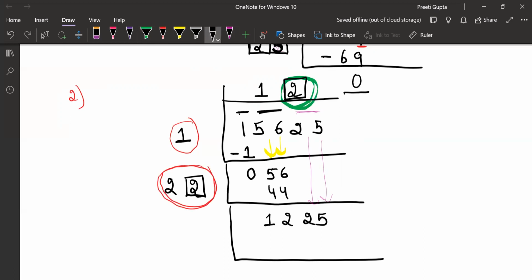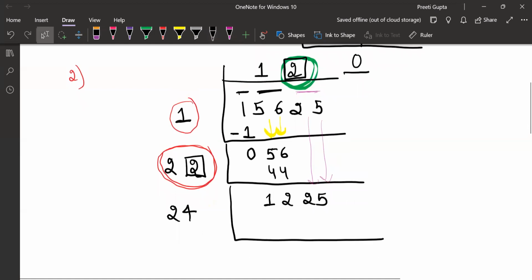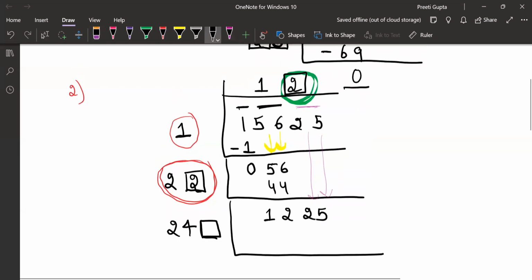So here it will be 24. 22 plus 2, that is 24. I multiplied them, my bad. Okay, so 24 will come over here. Now here I need to put some number, and here also I need to put the same number.